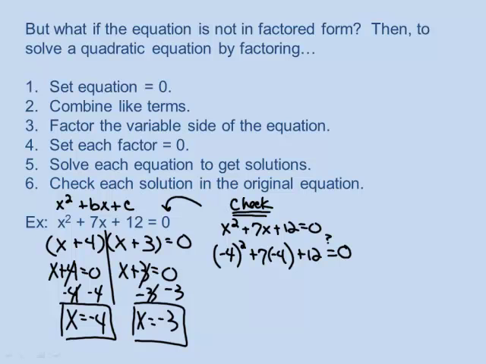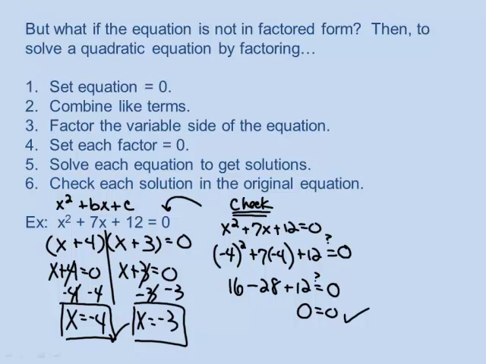Negative 4 times negative 4 is positive 16. Positive 7 times negative 4 is minus 28, plus 12. Is that equal to 0? And I think you'll find that 16 minus 28 plus 12 is indeed equal to 0. 0 equals 0, checks out, looks good.